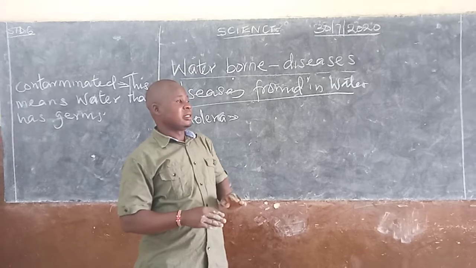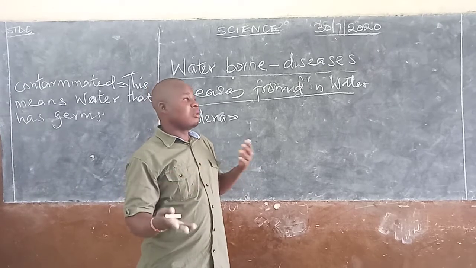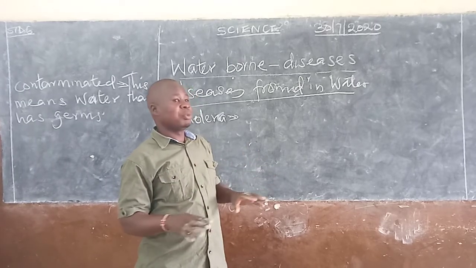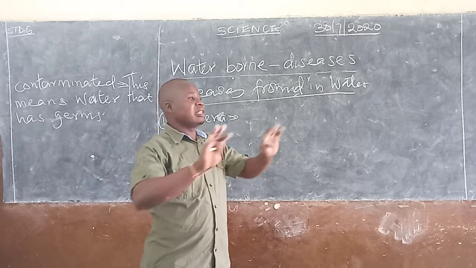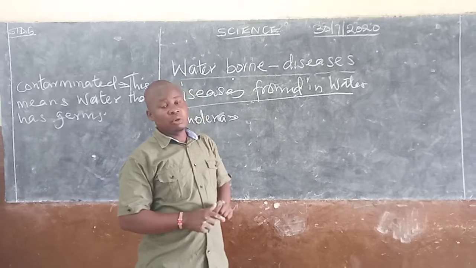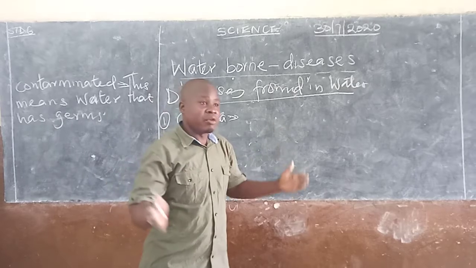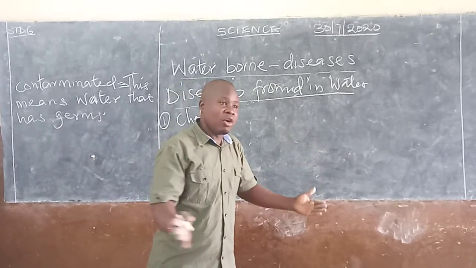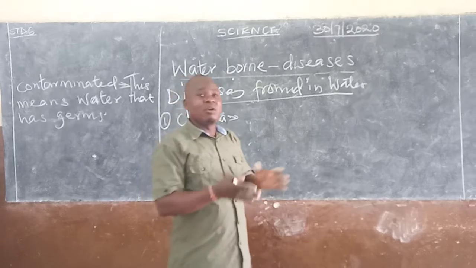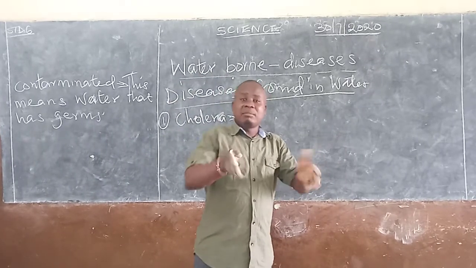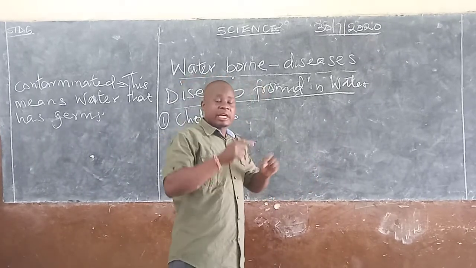In their country there were no latrines or toilets, so people used to go into the bushes and leave their feces there. When rain comes, the rain will carry all the feces and take them to the river or the lake or the dam where water is collected.